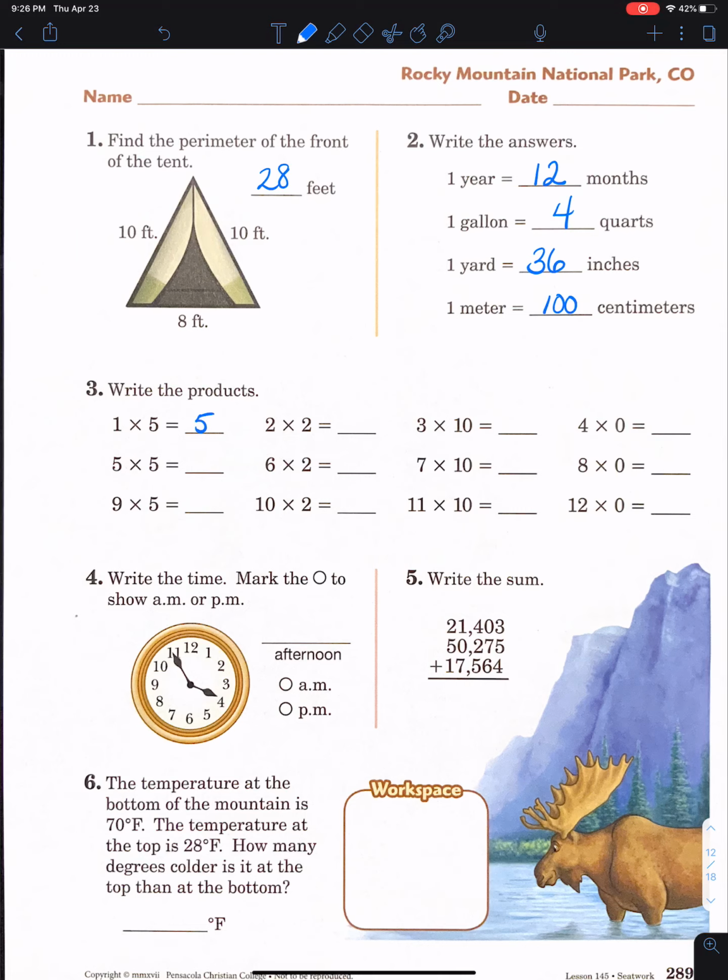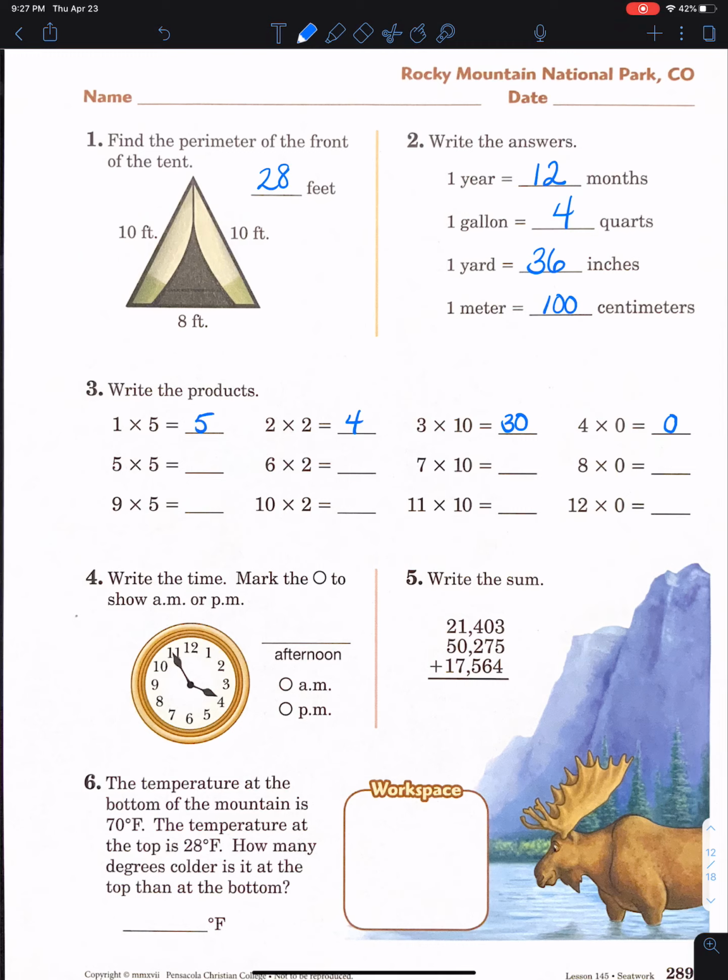What is 2 times 2? 2 groups of 2. 4. 3 times 10? 10, 20, 30. 3 groups of 10. 4 times 0? Well, any number times 0 is always 0. 5 times 5.